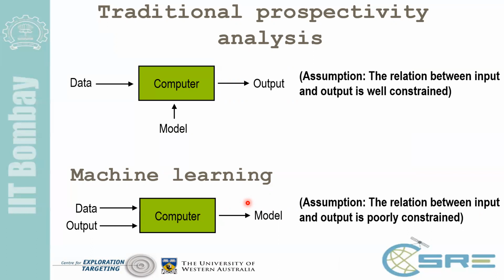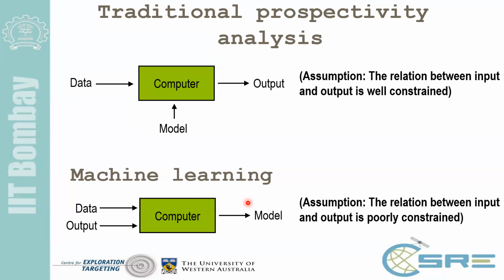Now, machine learning turned the problem on its head. So what we do is we are actually providing the input to the machine, and we are providing the output to the machine. And we are letting the machine work out the relationship between the input and output. And that is what we say is modeling, the model that relates the input to the output.